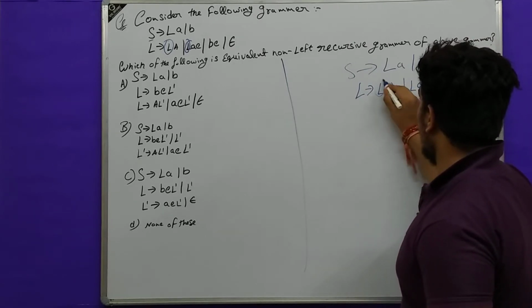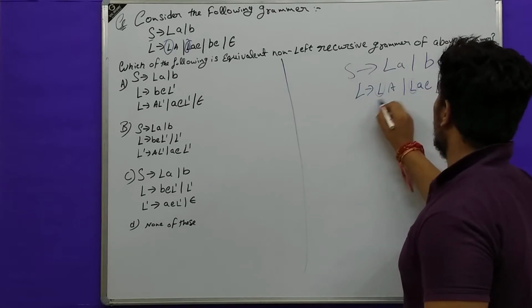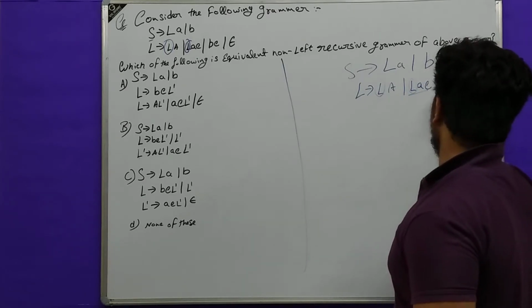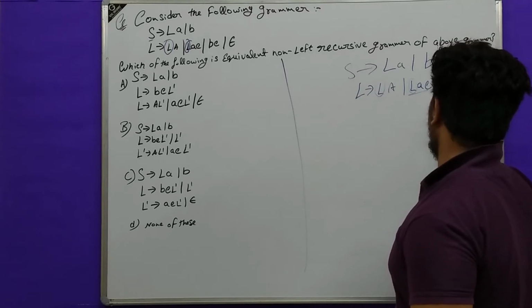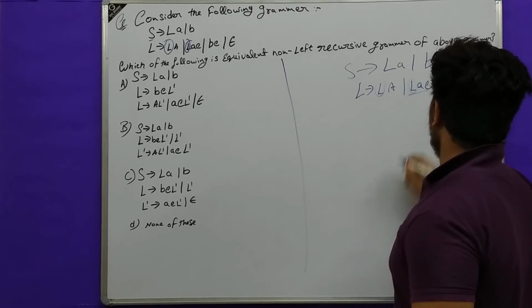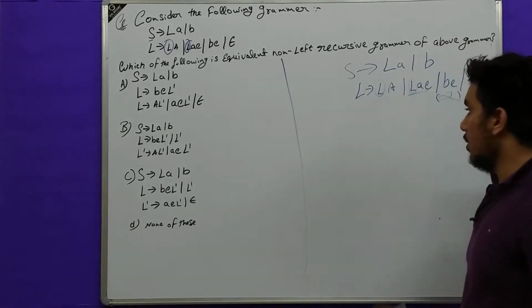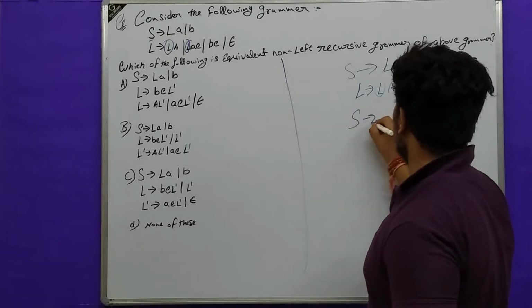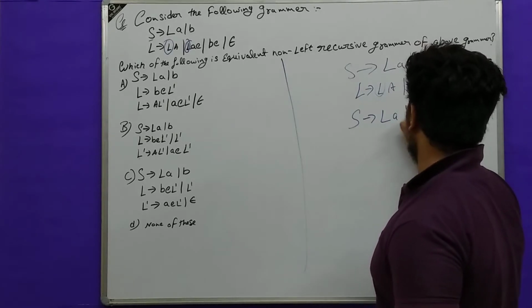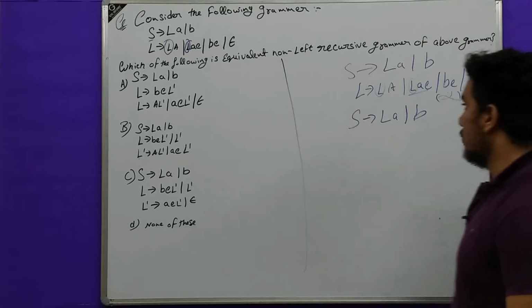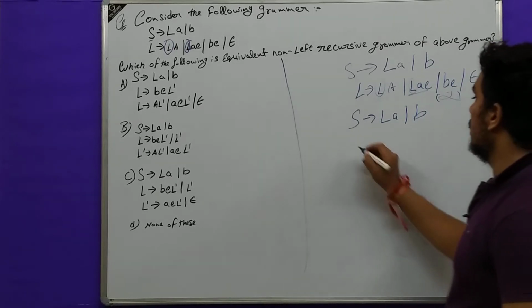Here L A and L A E is left recursion of L, and B E works like beta. So after removing the left recursion, the grammar will look like S goes to S A L A B. Here there is no left recursion, so we do not have to do any work.